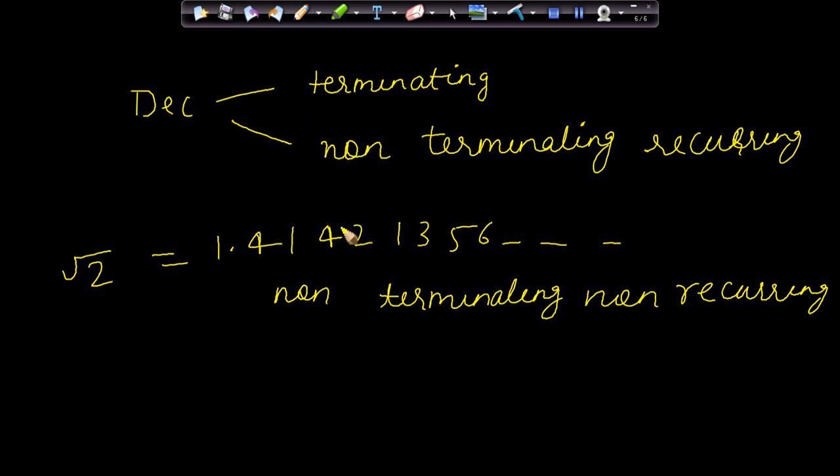So what was happening in the earlier case? The terms were getting repeated after a certain number of terms, right? We were able to put some bar. For example, after 3, 3, 3, 3, 3, it was starting to repeat itself. In the case of an irrational number, it never terminates.